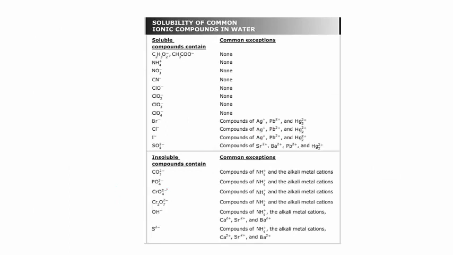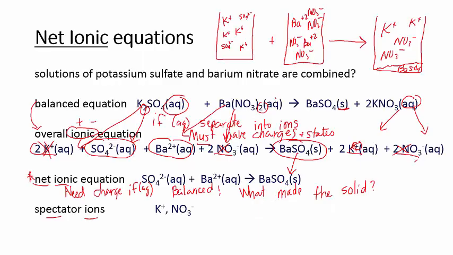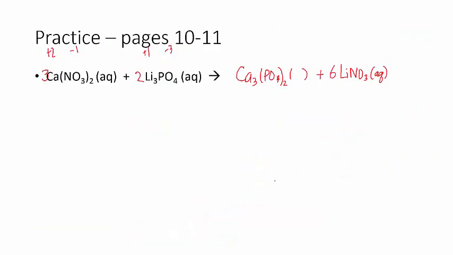So look at your phosphates. Most phosphates are insoluble, which means they're the solid, which means they're precipitates. Check the exceptions. Calcium is not one of the exceptions. That means calcium phosphate is going to be your solid. And then it says, what is the precipitate? Well, the precipitate is the solid that you made.